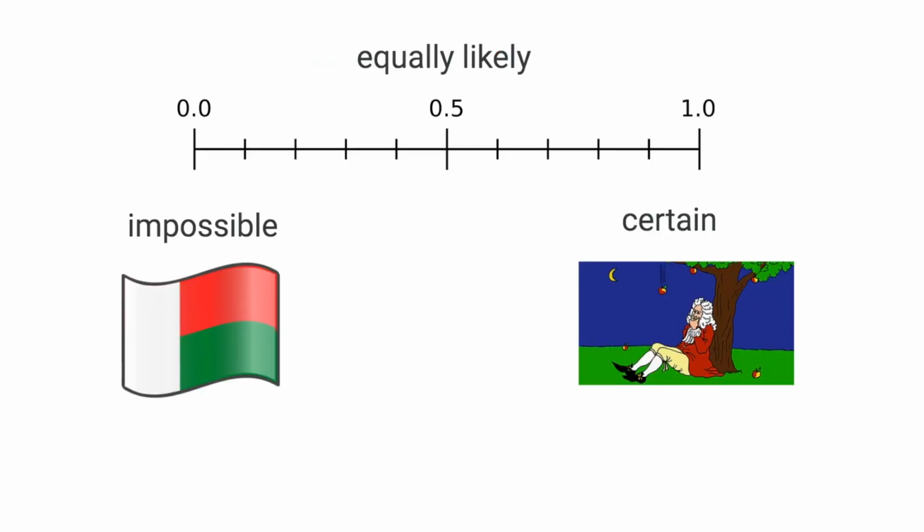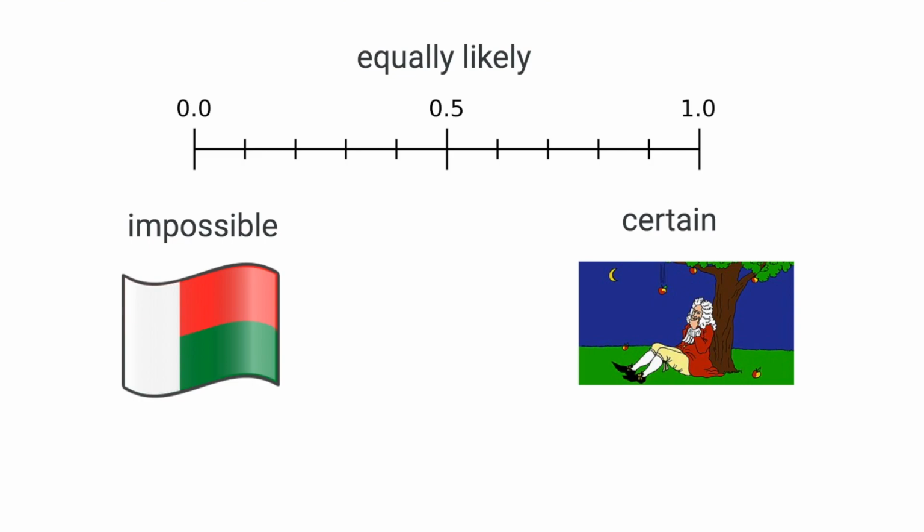Another important concept in probability is to understand the scale on which probability can be measured. Probability will always be between 0 and 1 if you're thinking about it in terms of fractions or decimals. If you're thinking about probability in terms of percentages, it would be from 0 to 100%.